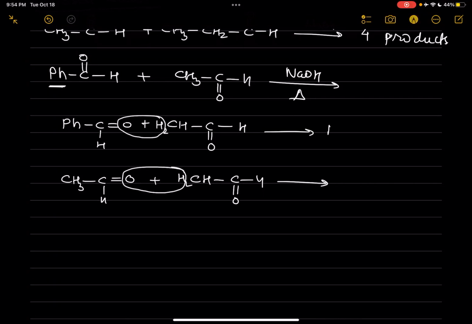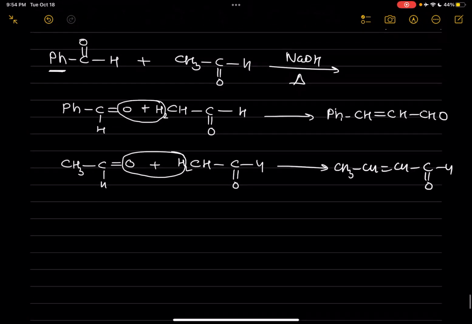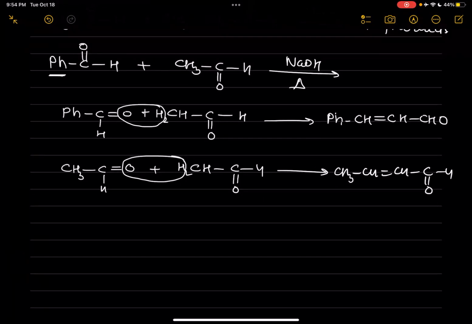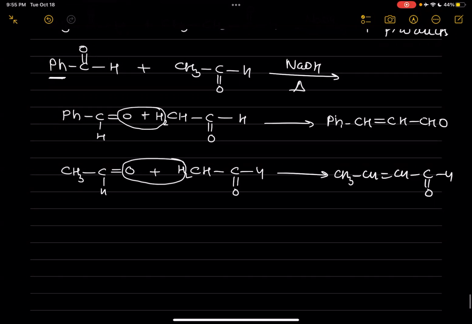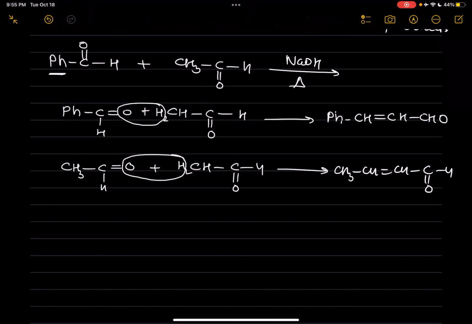So in real terms, which is the cross product? Tell me, who is actually the cross product?